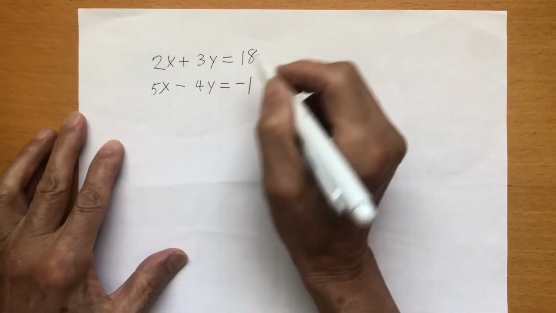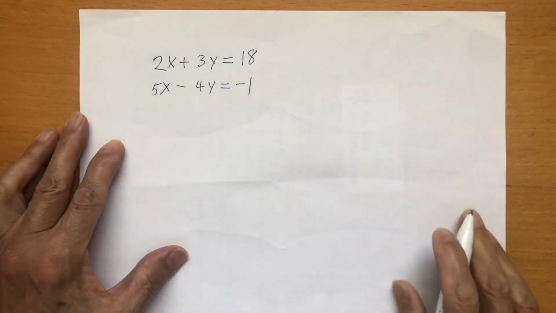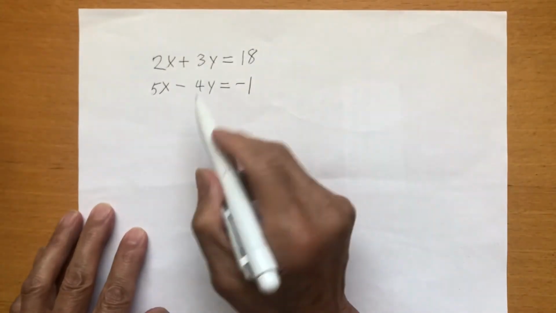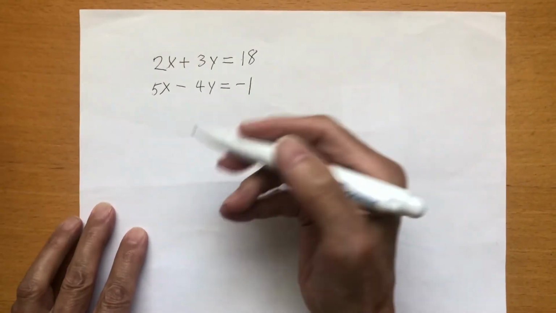So this is the example given in part 3. Part 3 we did elimination. But now let's use a formula.